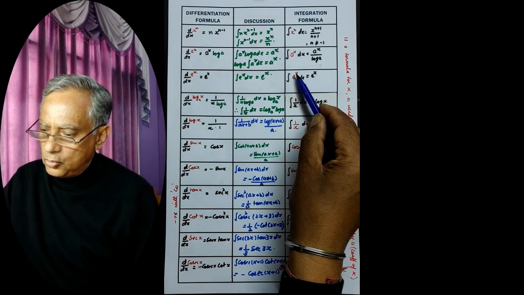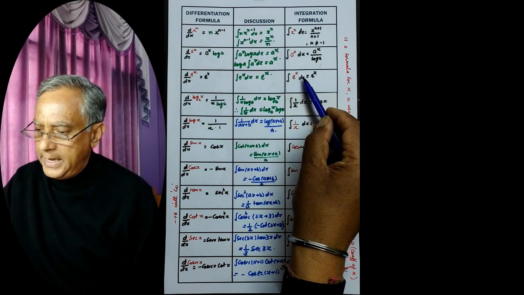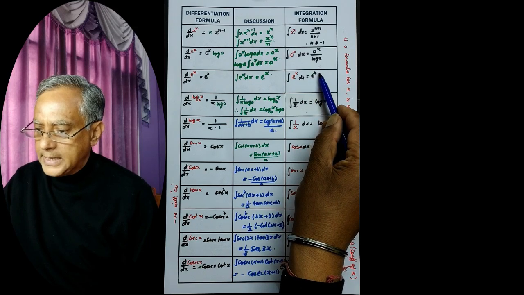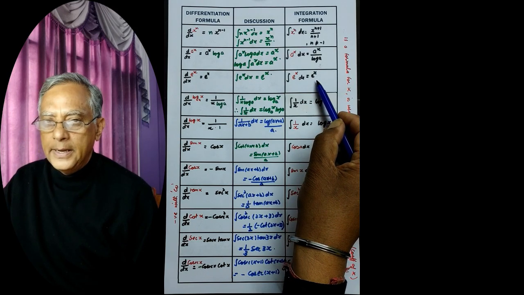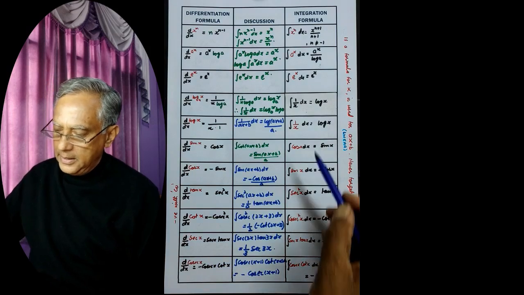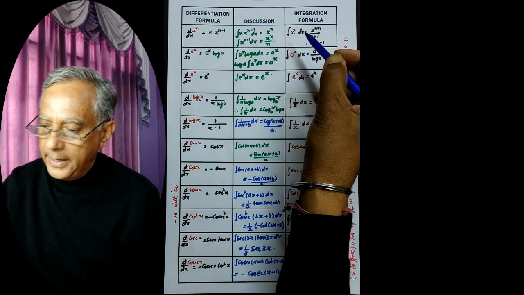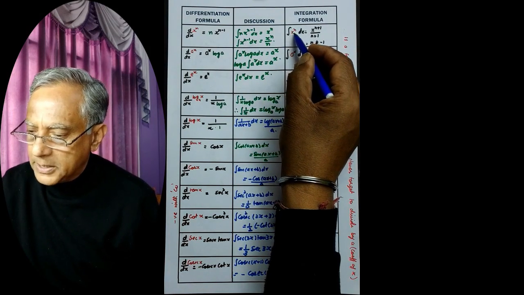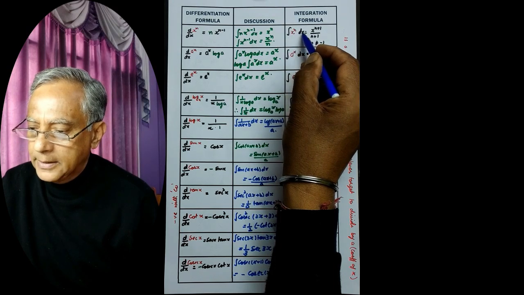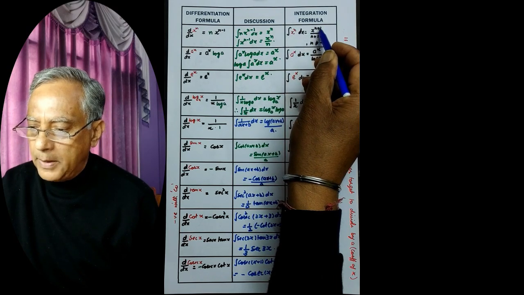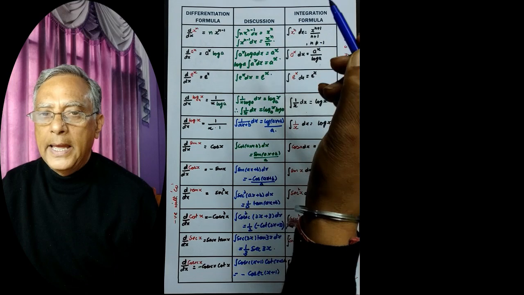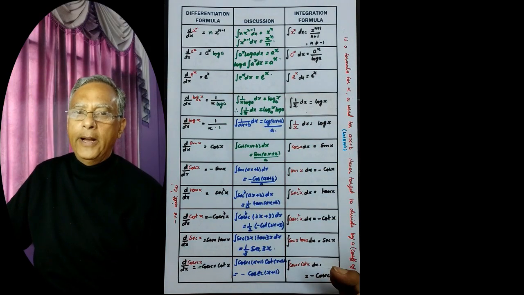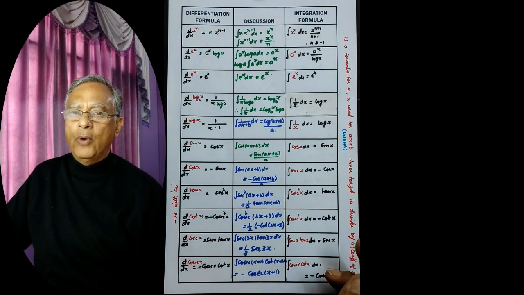Integral of e to the power of ax plus b dx will be e to the power of ax plus b over a. And similarly in all other formulae. Integral of ax plus b to the power of n will be ax plus b to the power of n plus 1 over n plus 1, whole divided by a. We must take 1 by a.